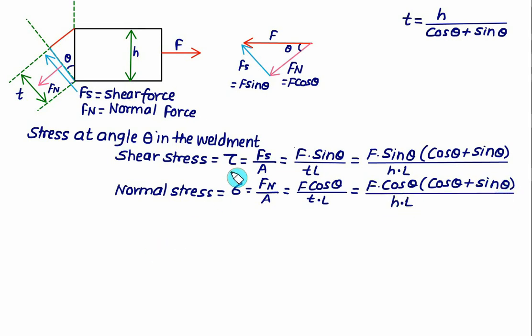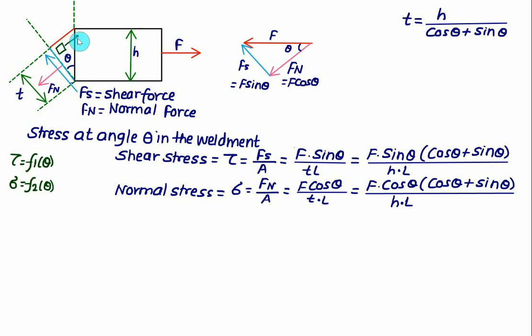So we have shear stress tau as a function of theta, and normal stress is also a function of theta. So in this case we have tau as a function, let's say F1 of theta, and sigma is also a function of theta, let's say F2 of theta. So we have a small element here. On this small element the stress will act.